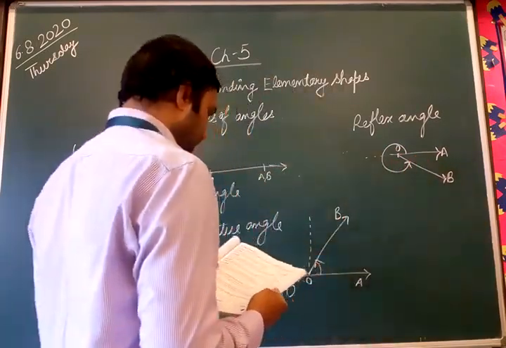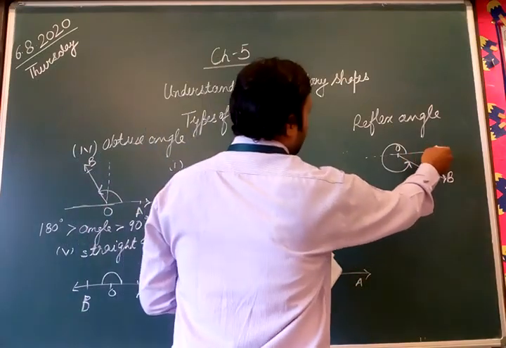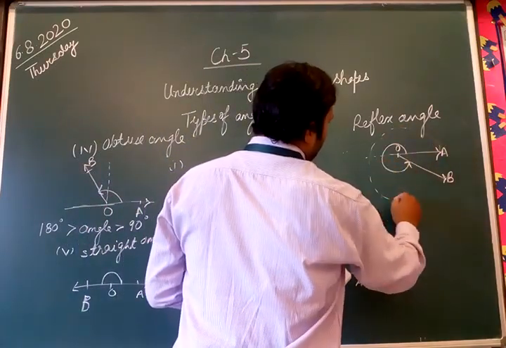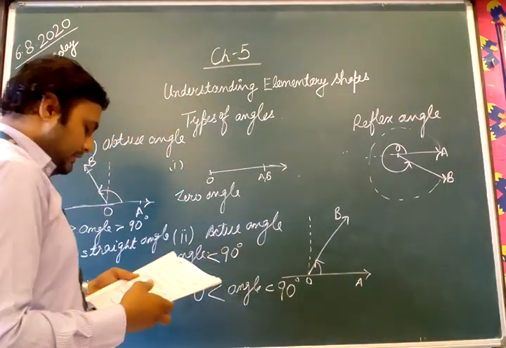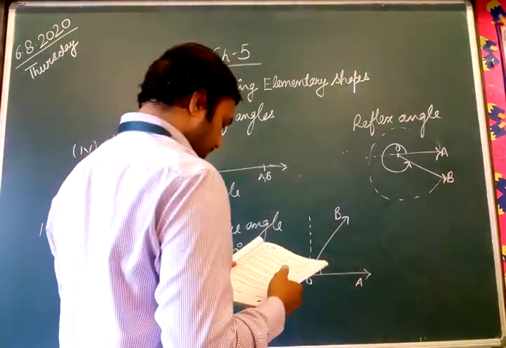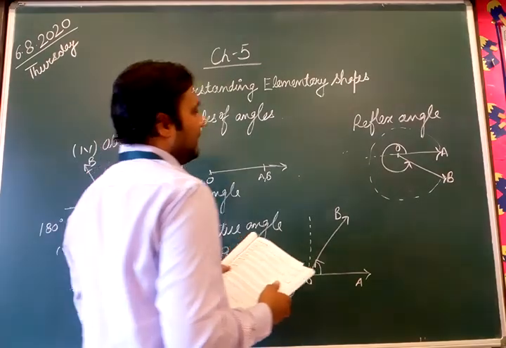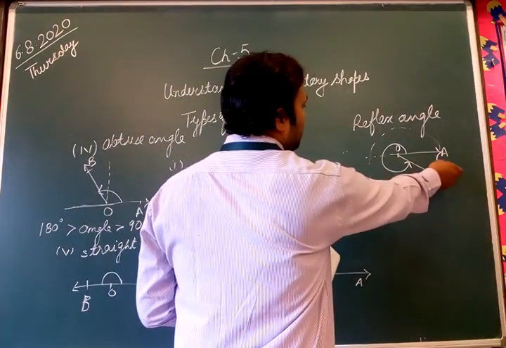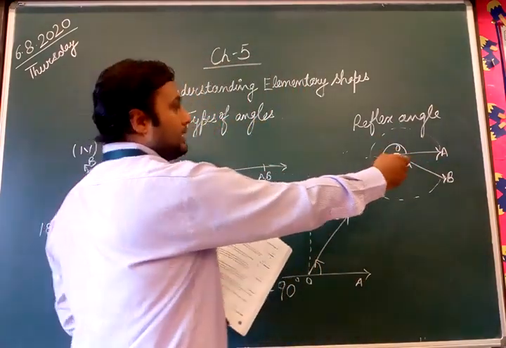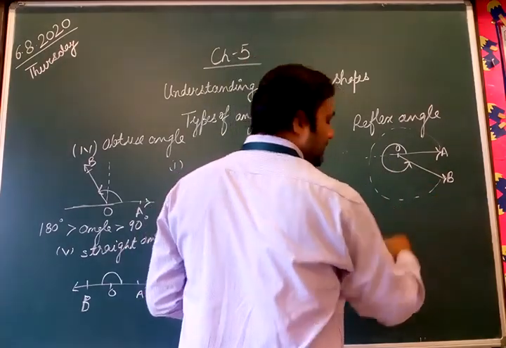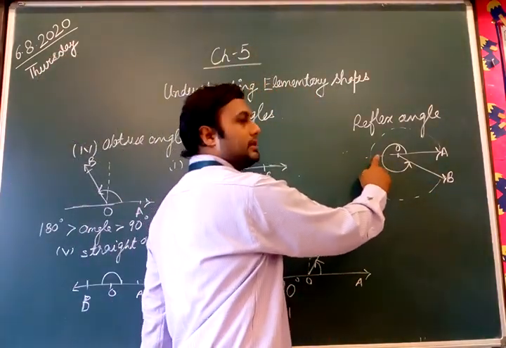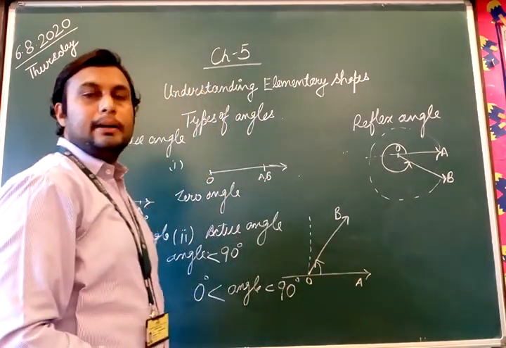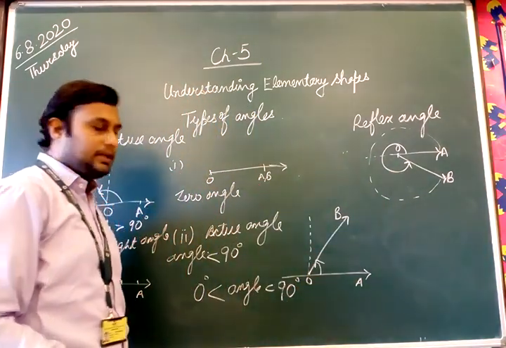OB has rotated more than half a circle. It is greater than 180 degrees, but it has not completed a round circle. A round circle is of 360 degrees, so it is greater than 180 degrees but smaller than the complete angle. Complete angle means a 360 degree angle.